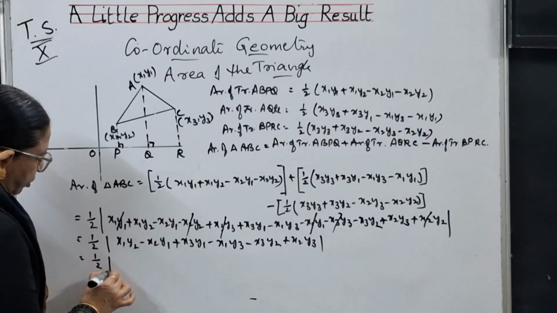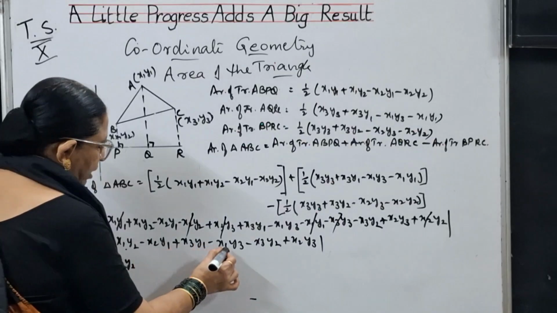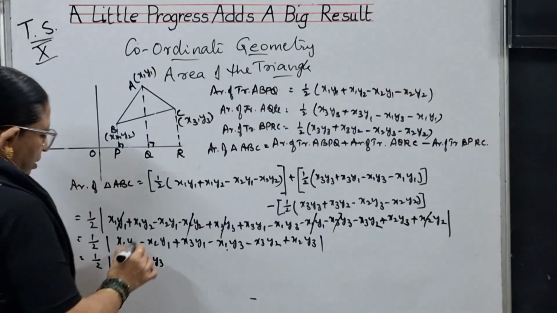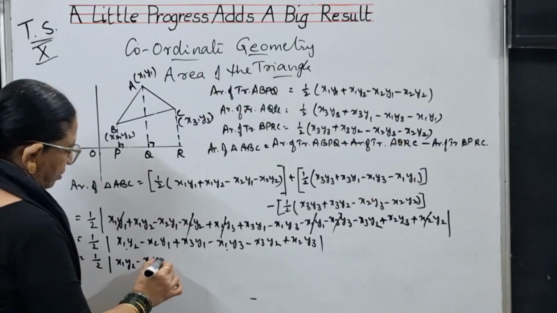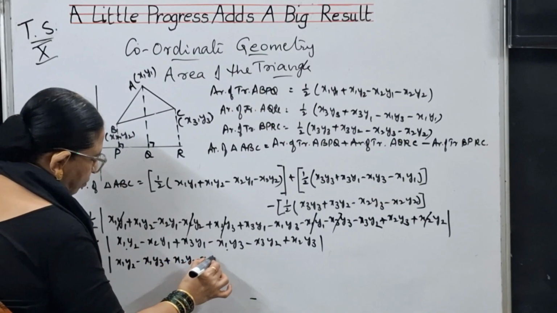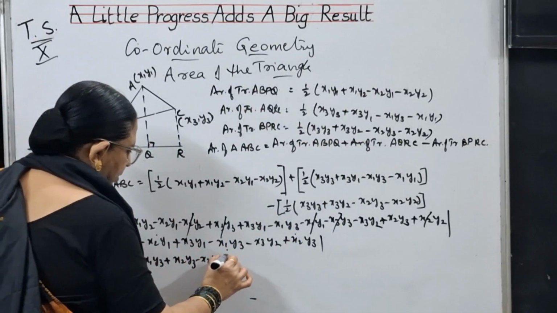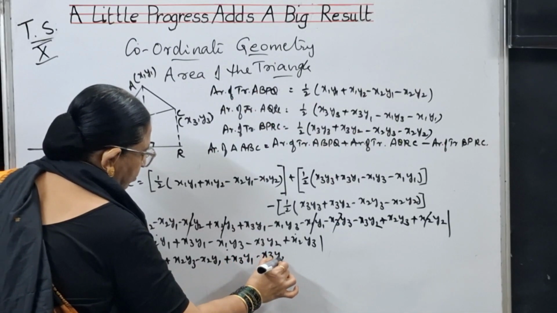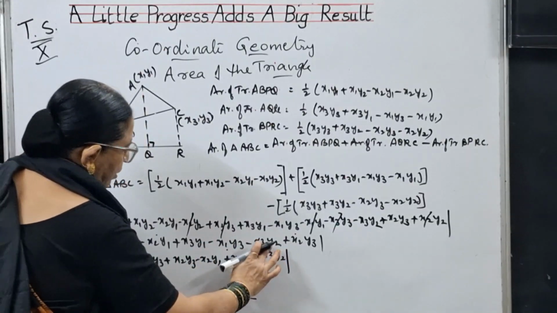That is half modulus x1 y2, I have written this. Again I have got x1 y3, minus x1 y3. Then plus x2 y3 minus x2 y1. So these two I have completed. Next x3 y3, plus x3 y1 minus x3 y2.